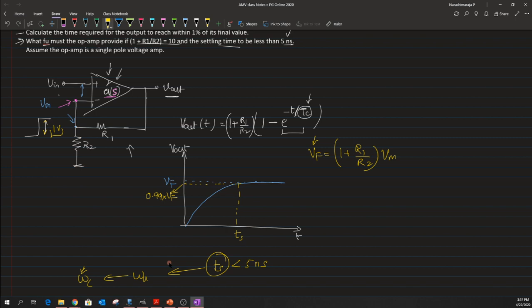So how a settling time that was defined for a closed loop requirement is in turn defining the omega naught factor, sorry, of this open loop configuration, or the bandwidth of the open loop configuration, and that is what we are trying to connect through these examples, okay. So let us try to work out this example.